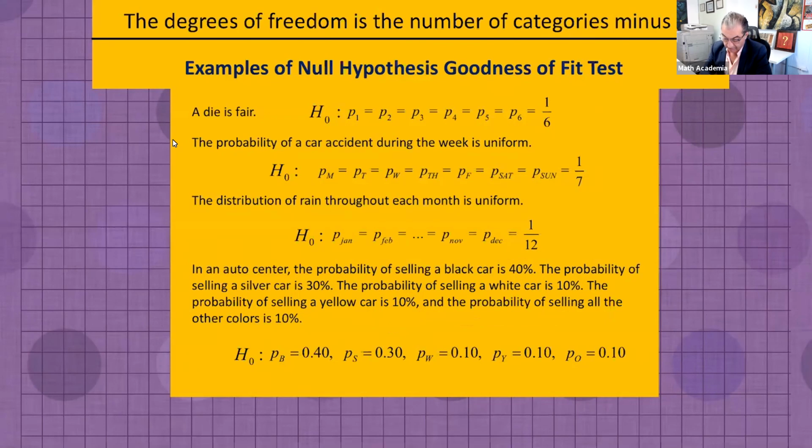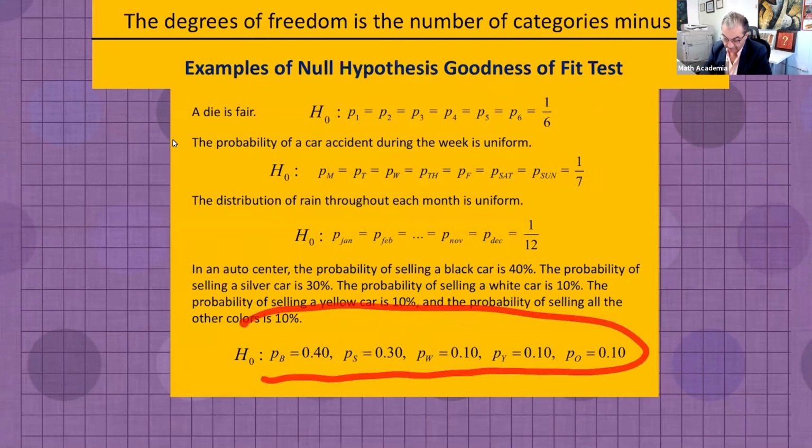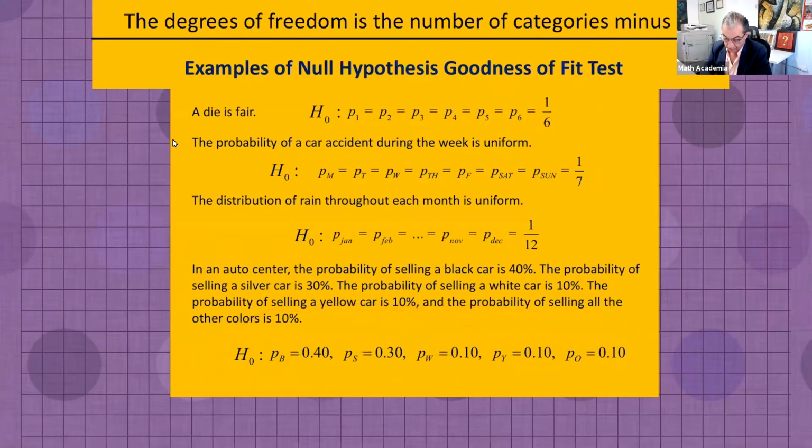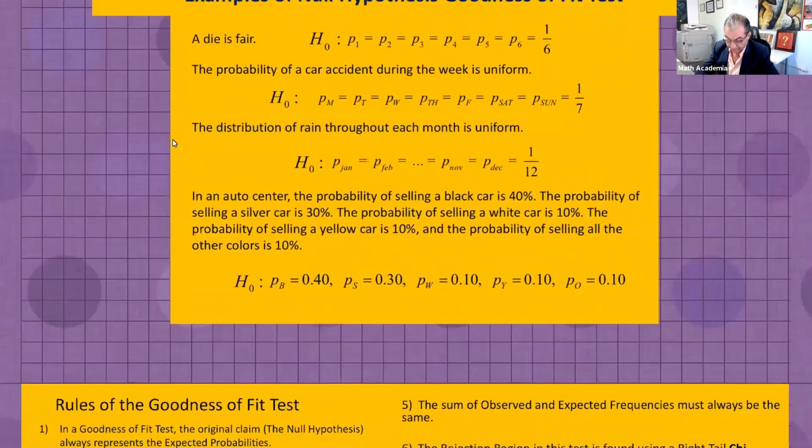So here the probabilities are not the same, but when you write H0, you just put them one by one. P of black car is 40%, so it's 0.4. P of silver car is 30%, so it's 0.3. P of white car is 10%, which is 0.1. And P of yellow car and other colors is 10%. So that's how you write the H0, or the null hypothesis.